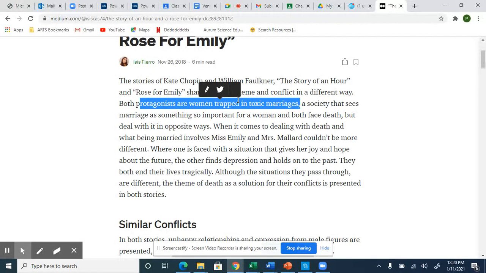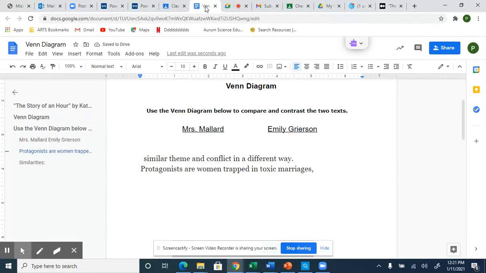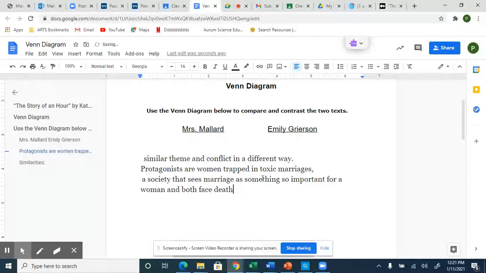So both are trapped in, both face death.